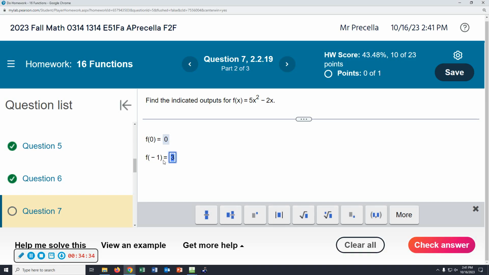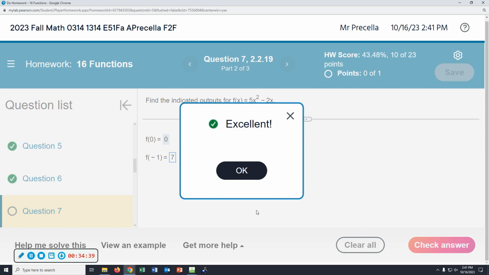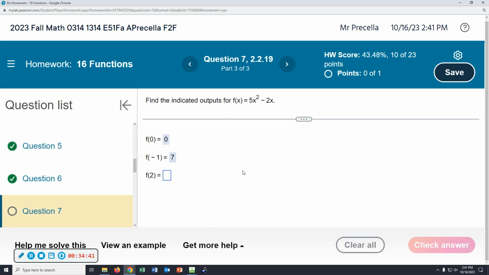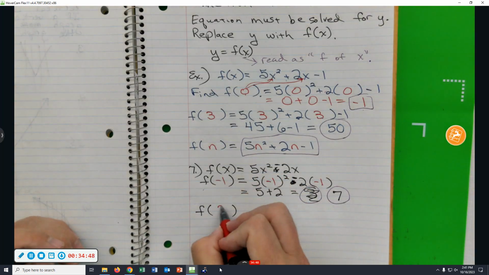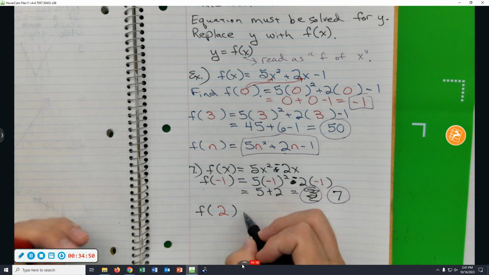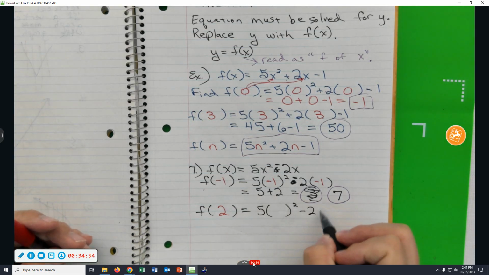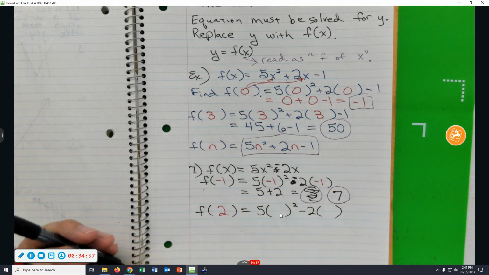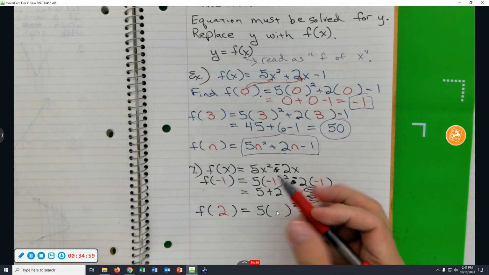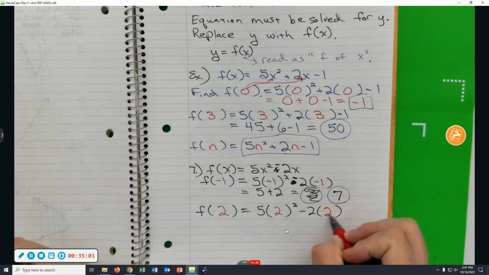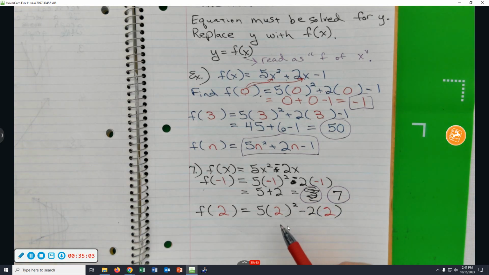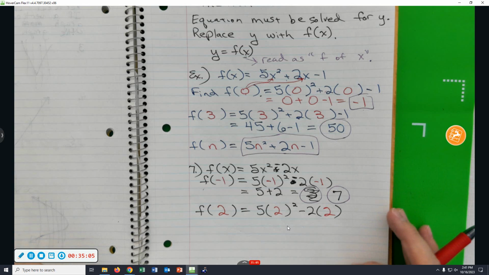Did you type in 7? I'm going to put in 7 right now. Don't help him. Find f of 2, Tim. Okay, that says go to my function f, and wherever I see a variable, I'm going to plug in the 2. And do y'all see the significance of this order of operations?